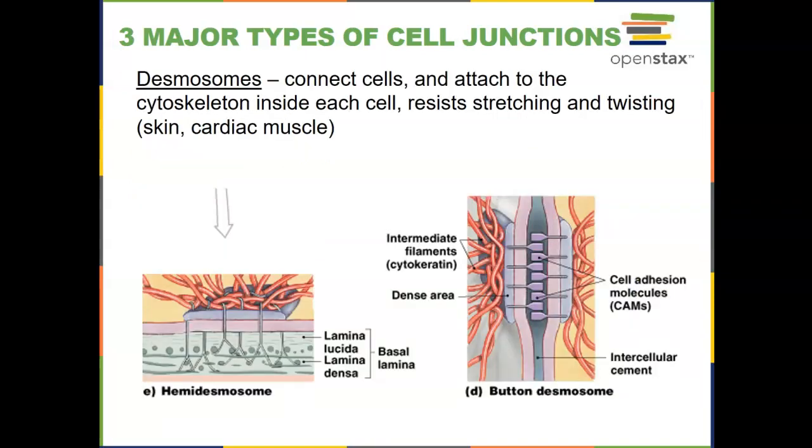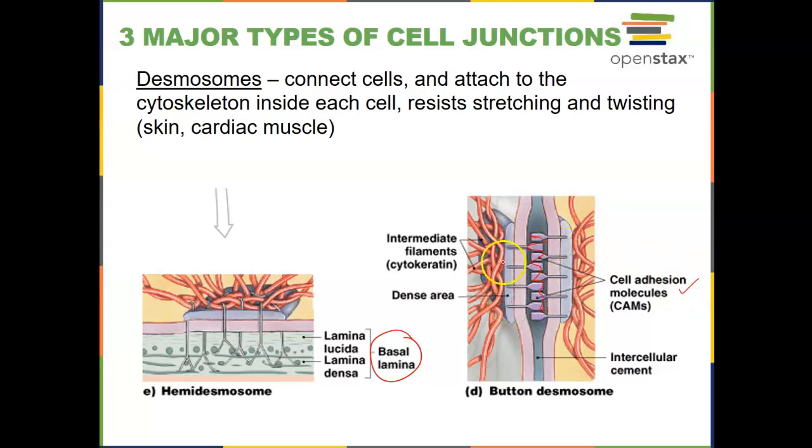Desmosomes, on the other hand, connect cells to other cells deeper down, and they also allow cells to anchor to the basal lamina. The basal lamina is kind of a layer of connective tissue underneath the cells, okay? Basically, you have these CAMs, cell adhesion molecules, that lock the cells together.